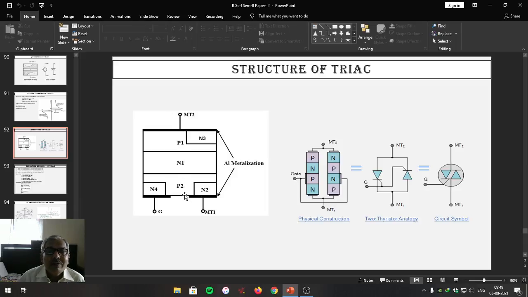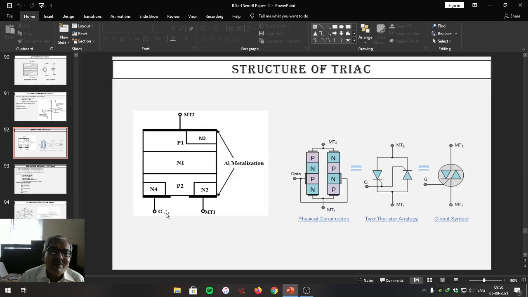Similarly, an N region is diffused in the P2 layer to the right side as well as to the left side, respectively called N2 and N4. Ohmic contacts are taken commonly between the regions P2 and N2, known as main terminal 1, and also an ohmic contact is taken between N4 and P2 region, that is known as a gate.